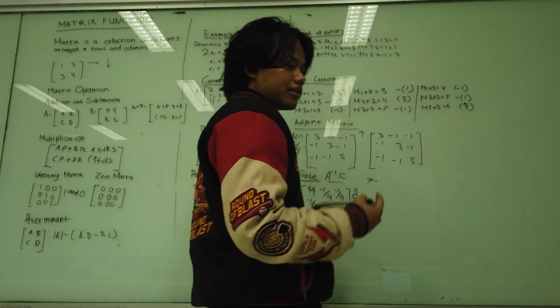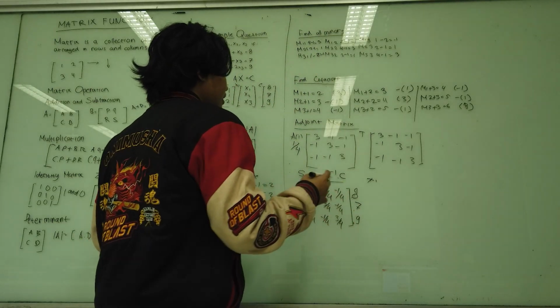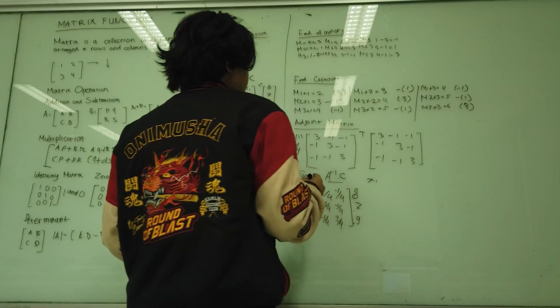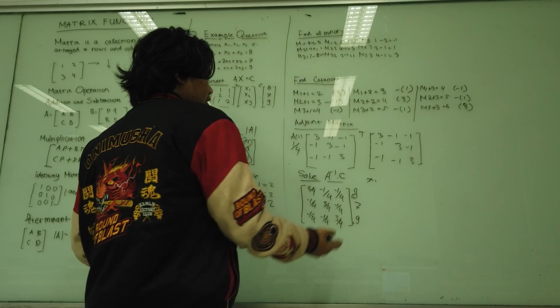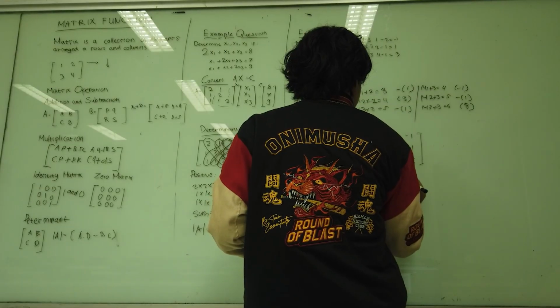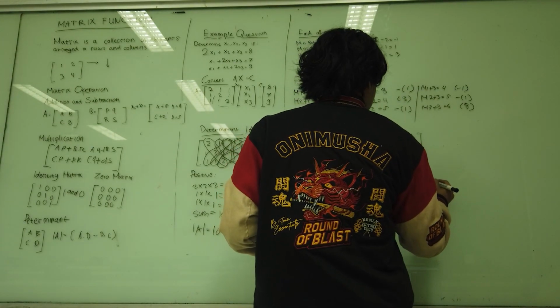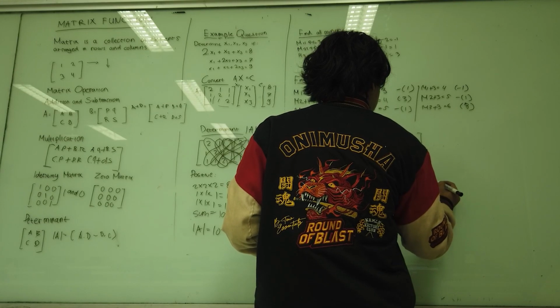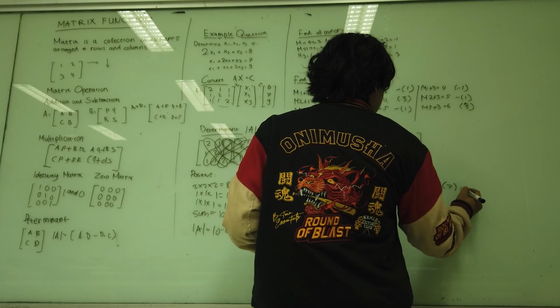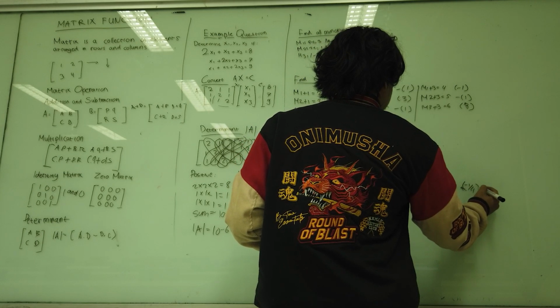Okay, so we just need to calculate the x1, x2, and x3. So basically what we need to do is to calculate each variable with this part here. 3 per 4 times 8 plus minus 1 per 4 times 7. And lastly, minus 1 per 4 times 9.